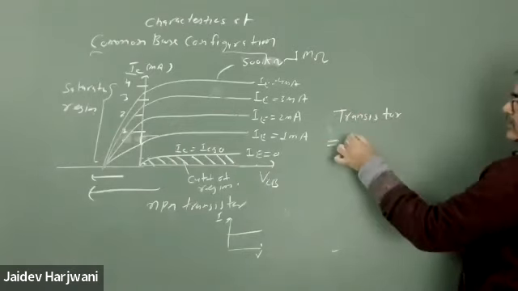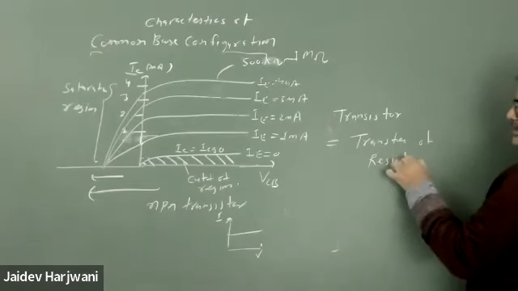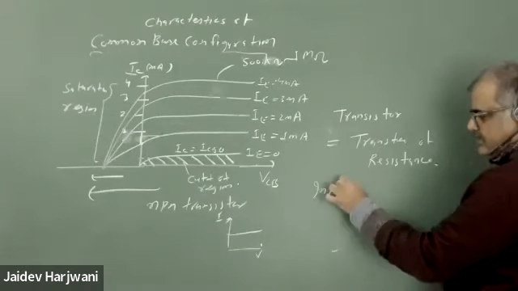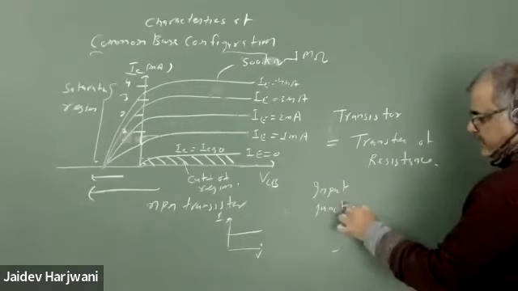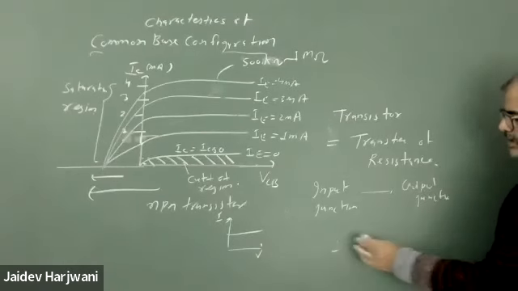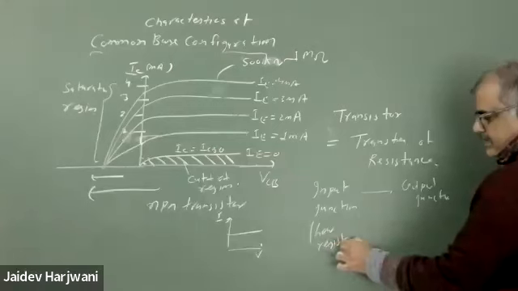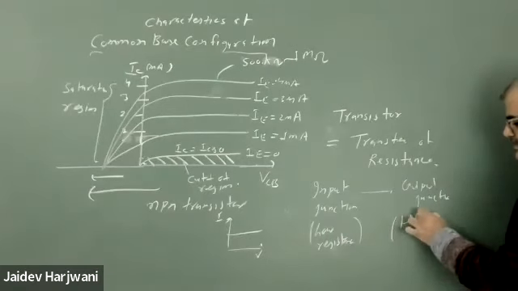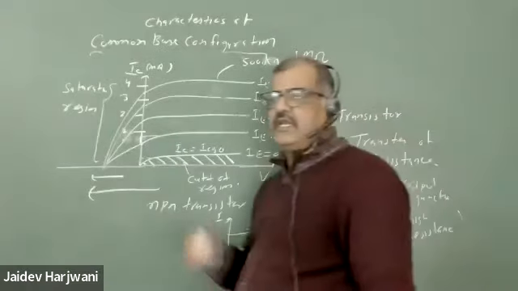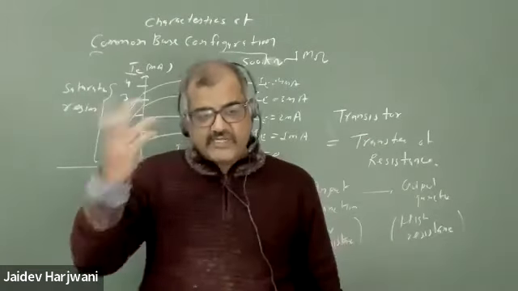Transfer of resistance means you have an input junction with a low resistance, and you have an output junction with a high resistance.